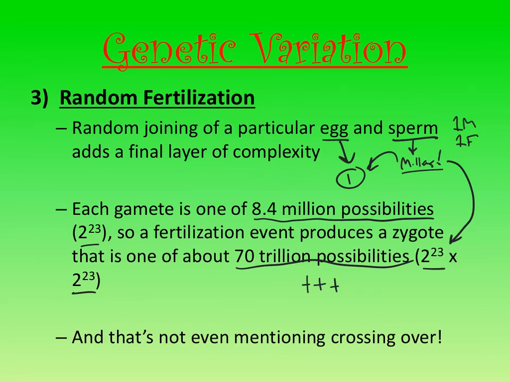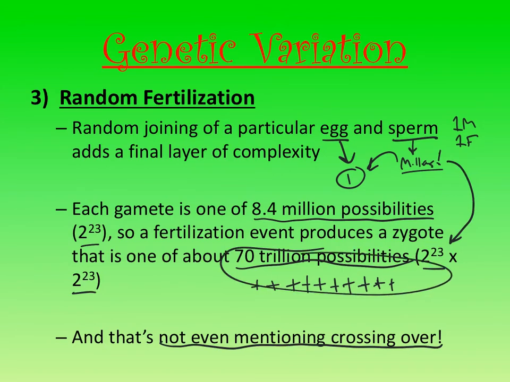And to really make your head spin, this is only suggesting one male and one female. We also really don't know which male and which female in the human population are going to mate together, which is another layer of complexity that makes this number even bigger. And we don't even try to quantify what crossing over does to this 70 trillion possibility number.